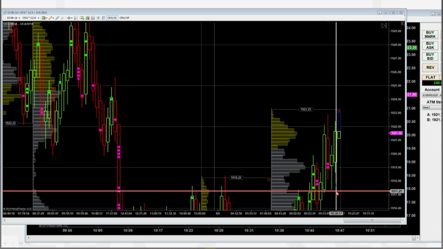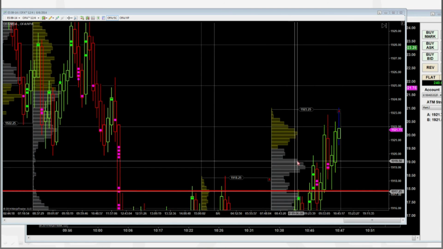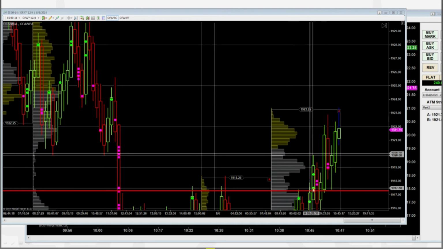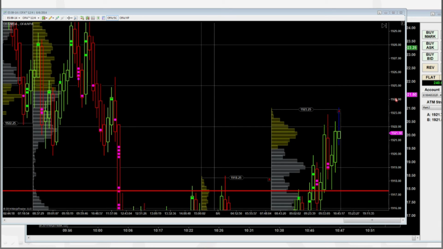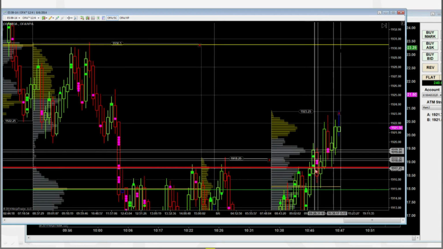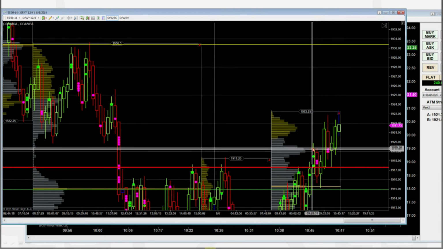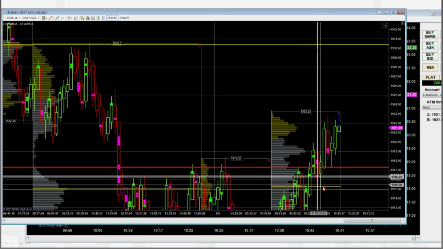Even though it dropped down below, my first expectation on a move down from this level was a test of VPOC. A bounce off VPOC, back up, puts this low volume area at risk, because this is saying that sellers don't believe this is fair price.